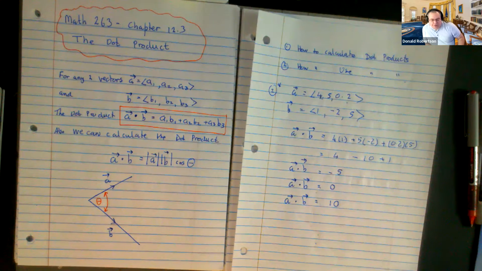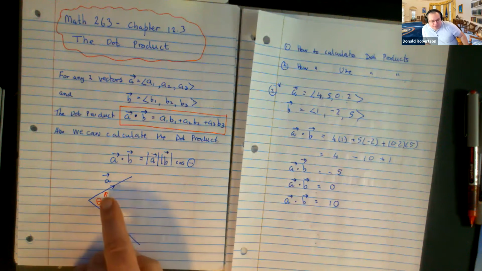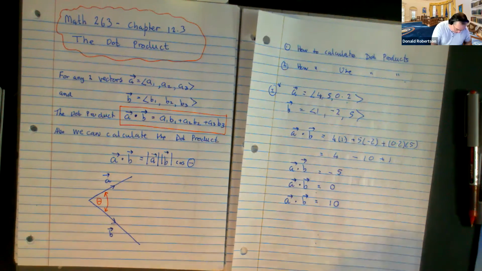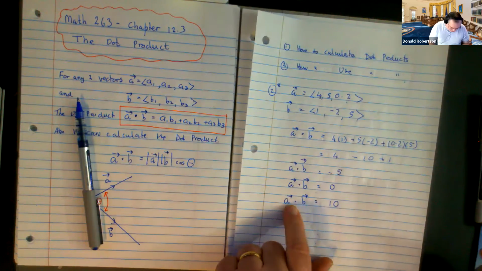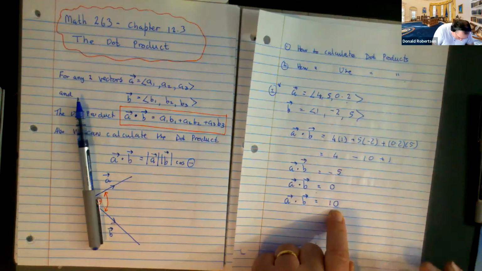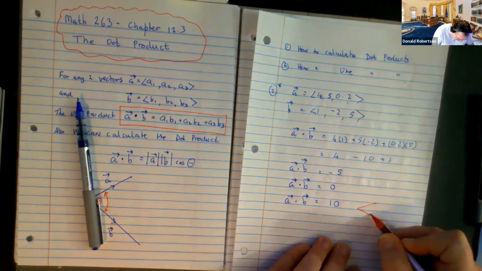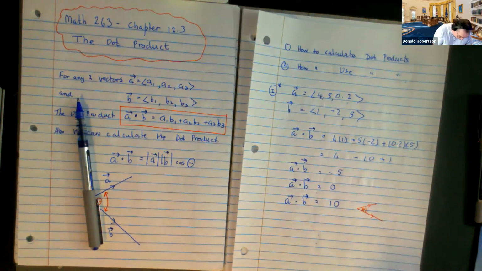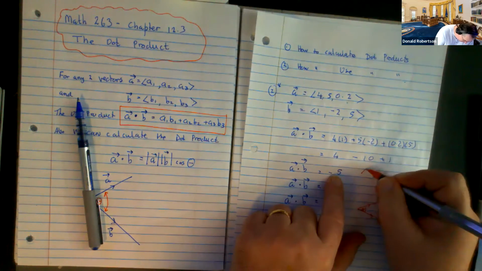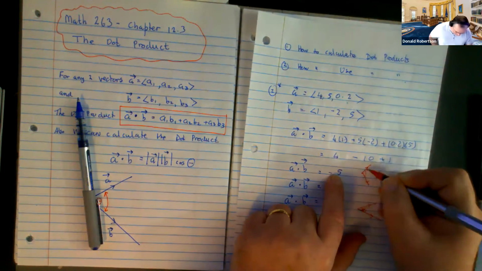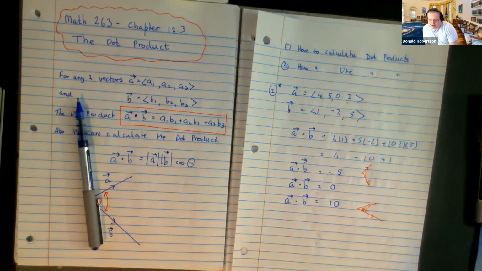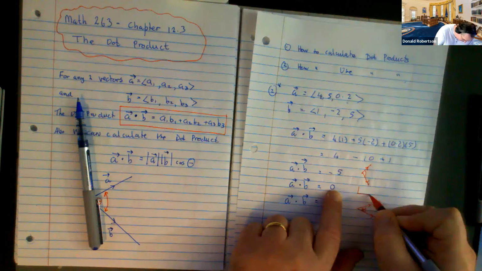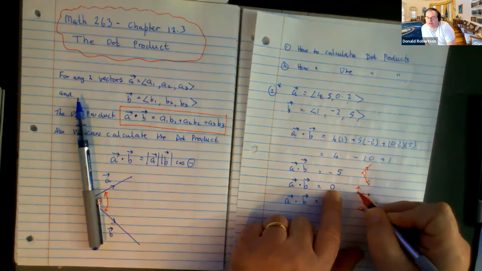These three situations are directly related to the angle between the two vectors A and B. If the dot product is a positive number, as it is here, then the angle between the two vectors will be less than 90 degrees. If the dot product is a negative number, the angle between the two vectors will be more than 90 degrees. And if the dot product is 0, the angle between the two vectors will be 90 degrees.